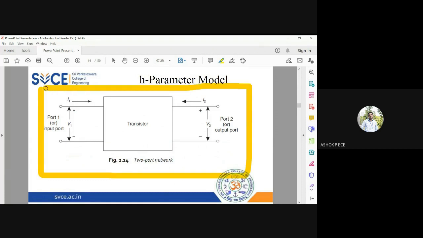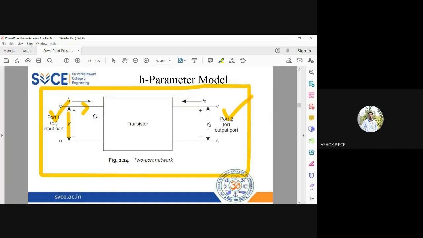Two-port network means there will be two ports. One port is called input, one port is called output. At the input port I'll be applying an input voltage V1. Because of the applied input voltage, I'll have an input current I1. Because of current flowing through the transistor and reaching the output, I will have a current I2 at the output of the transistor causing a voltage V2.